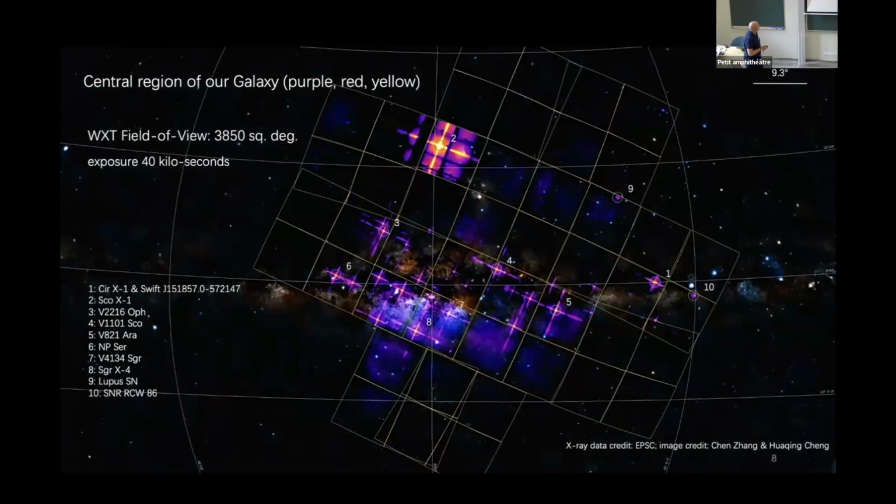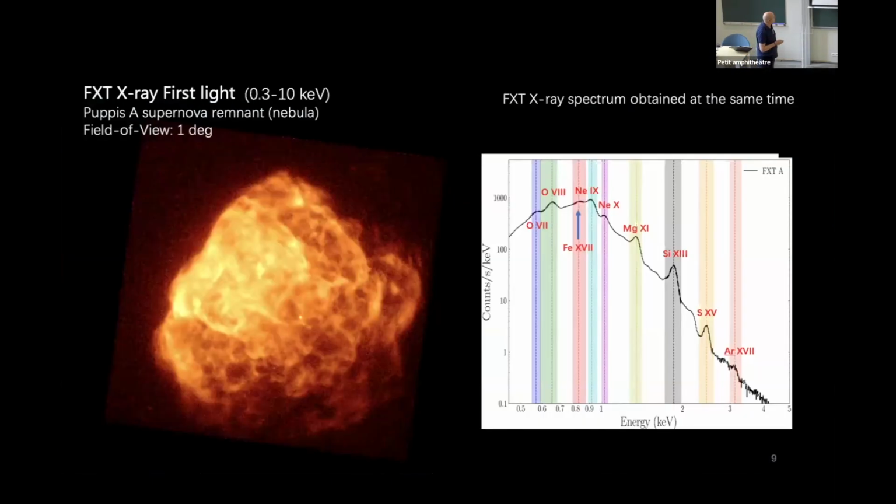Here's a zoom in. It's a bit too bright, but here you see a lot of the sources in one go popping up. This is a 40 kilosecond observation, and you see the very wide field of view, which is very important to catch any transient.